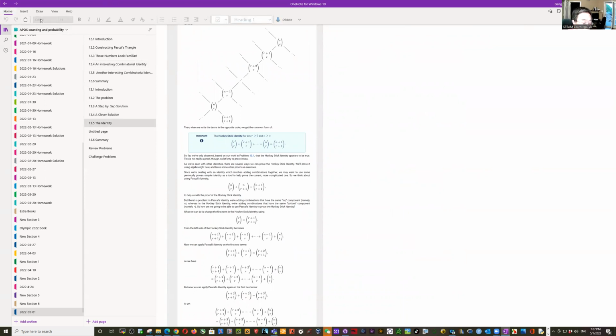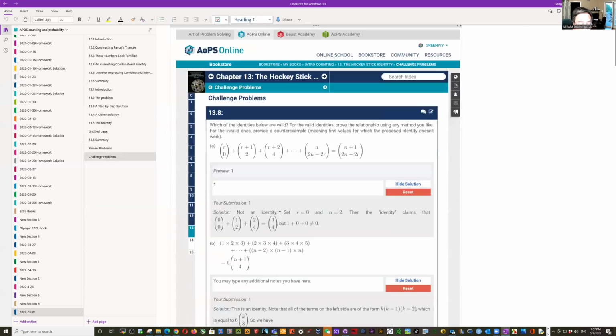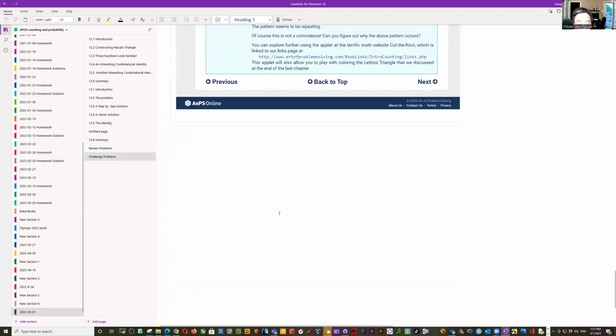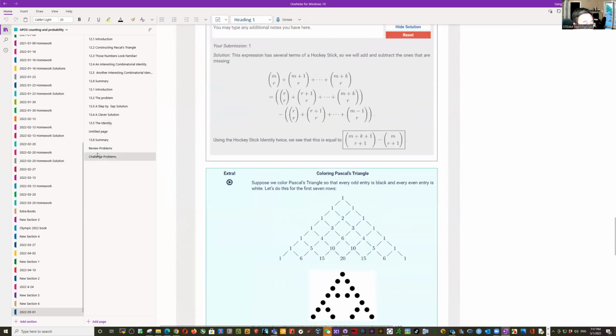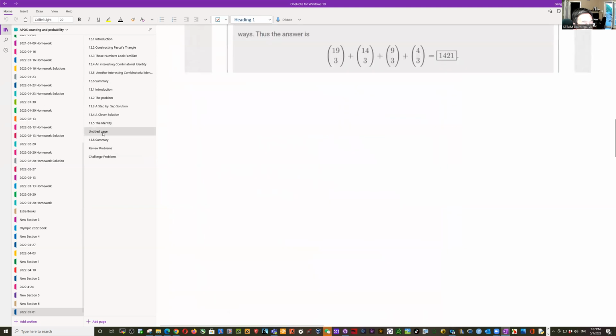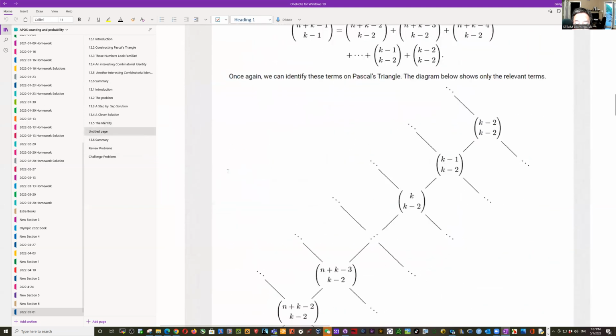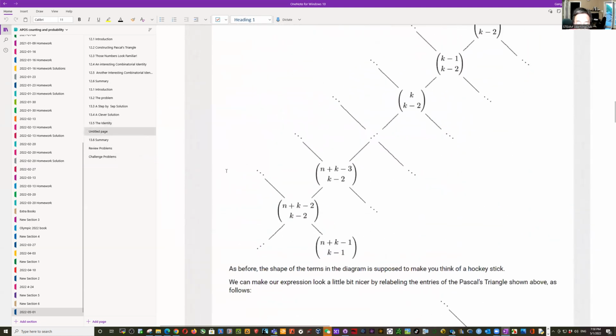The hockey stick, how do you remember it? You just draw it on the Pascal triangle itself.